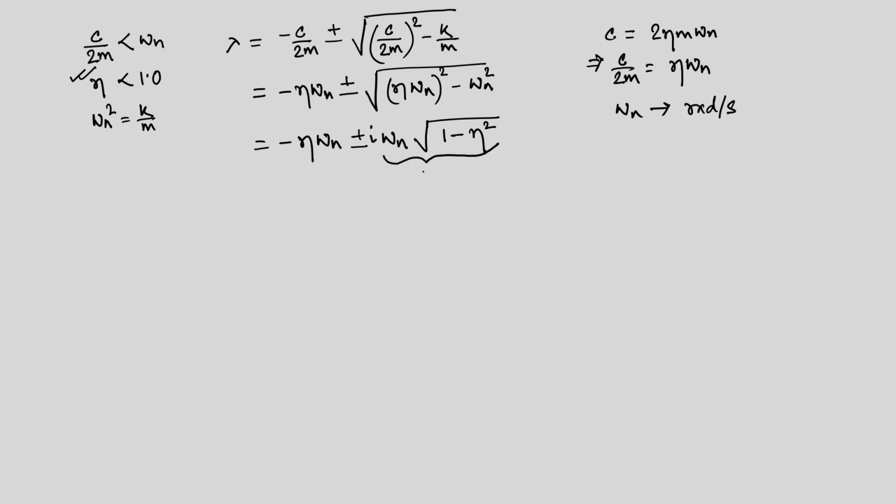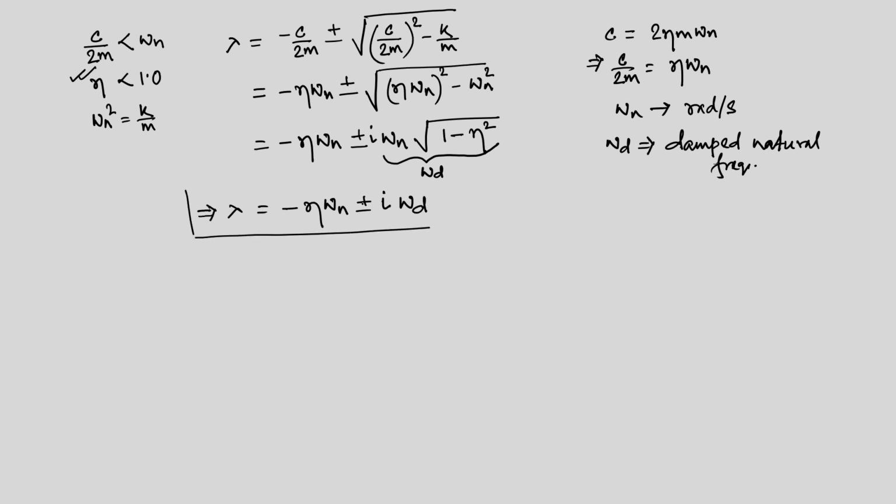So, this quantity is called omega d, the damped natural frequency. So finally, lambda is equal to minus eta omega n plus minus i omega d. That is the nature of the roots.